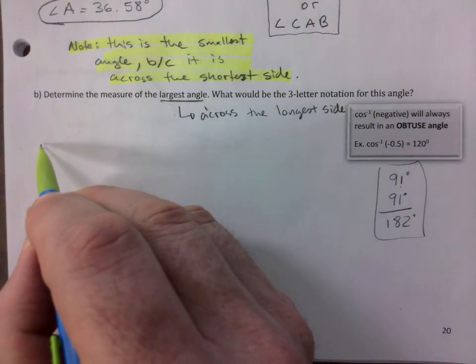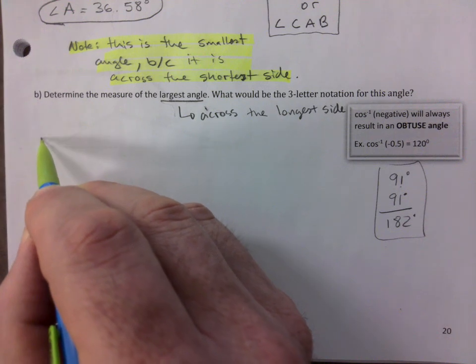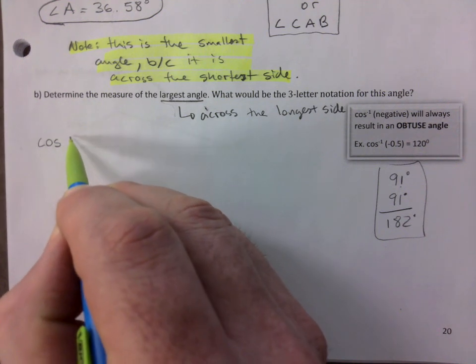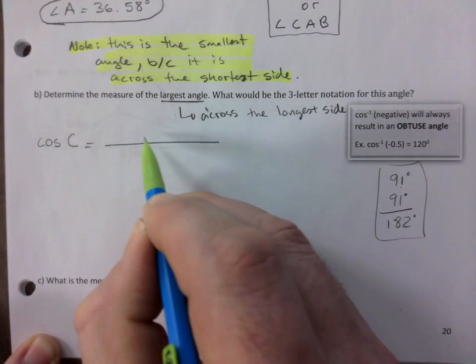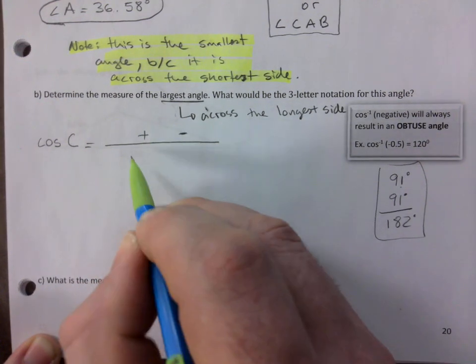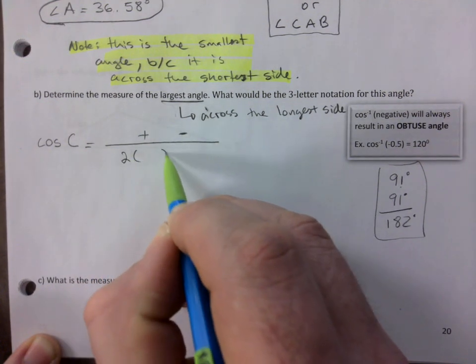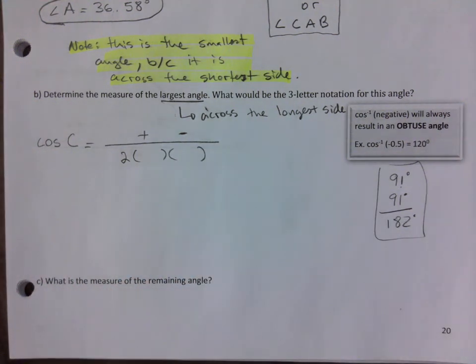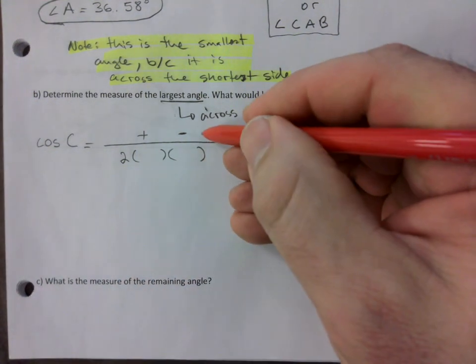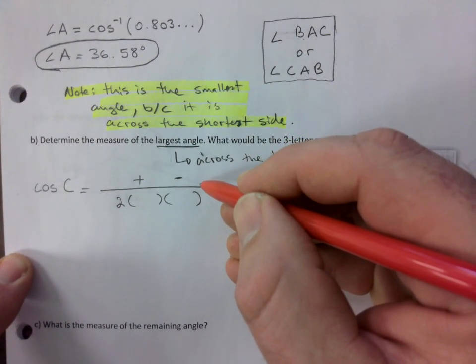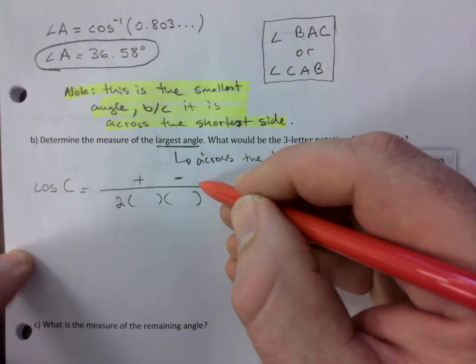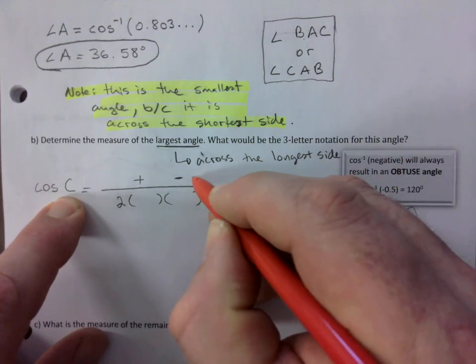Let's do this. So that would be angle C, correct? So we'll go cosine of angle C, and here's the pattern. We're going to go plus, minus, and at the bottom you have 2 times, every single time. This is the most important number that you should start with, which should be 30 meters, because that's the side that's across this one.